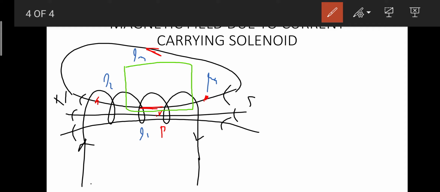So we observe that for L1, B is obviously the same, right? B is constant, that is, the value of B is maximum, or you can say B is the strongest in this region. What about the case if we are using L2?